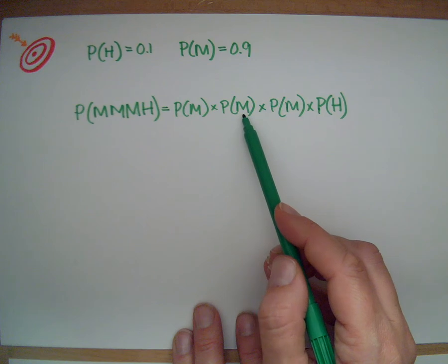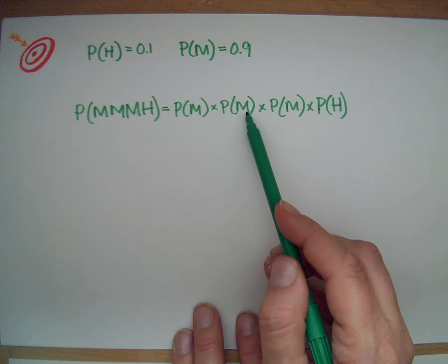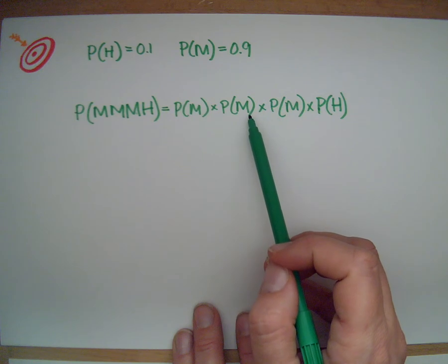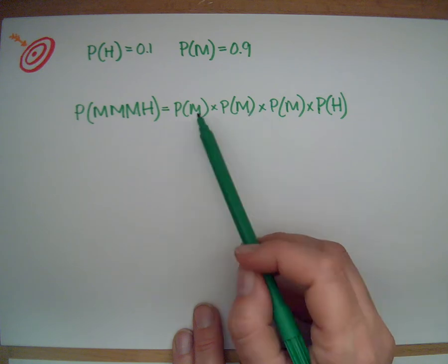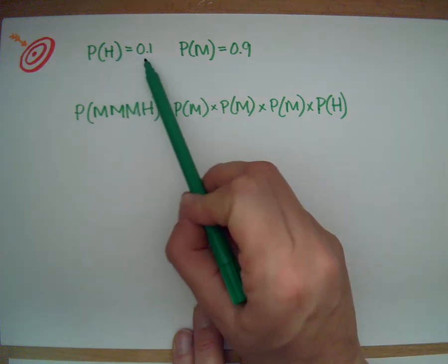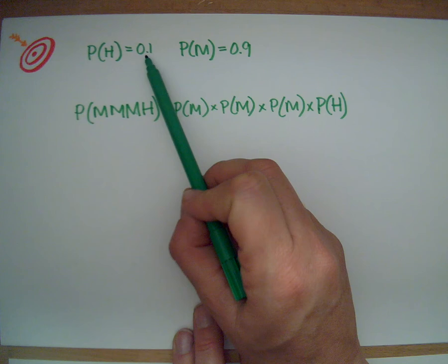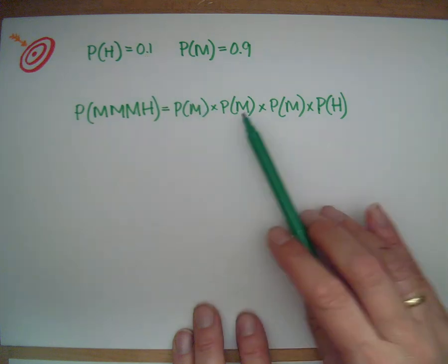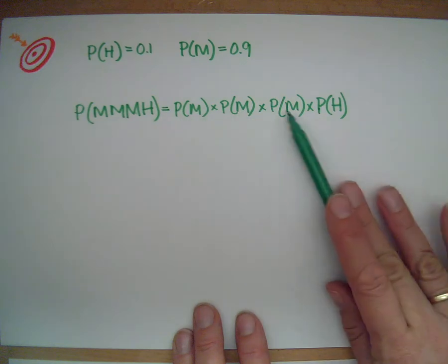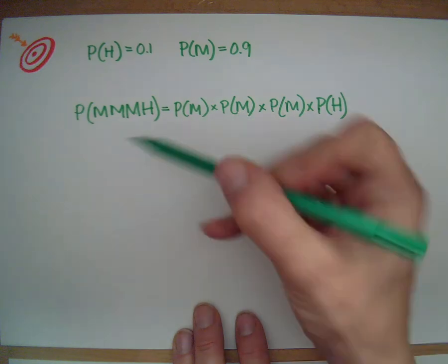Let's assume I'm not getting super disappointed and discouraged and unable to throw the arrow anymore. These 4 events are independent. My chance of getting a bullseye is 1 out of 10 each time. That's why these 3 misses have the same probability.